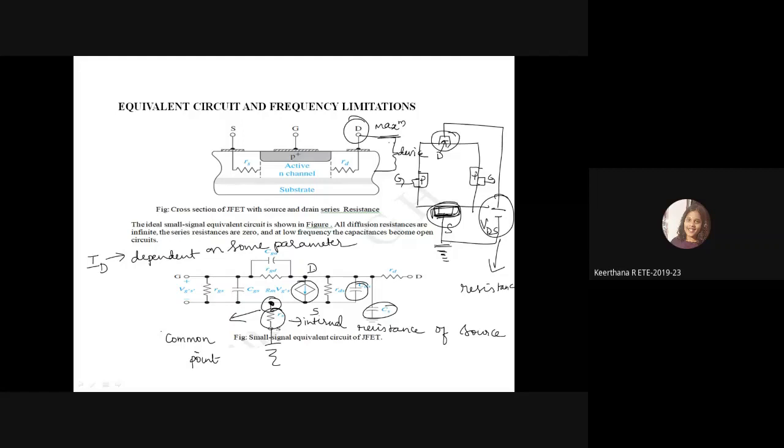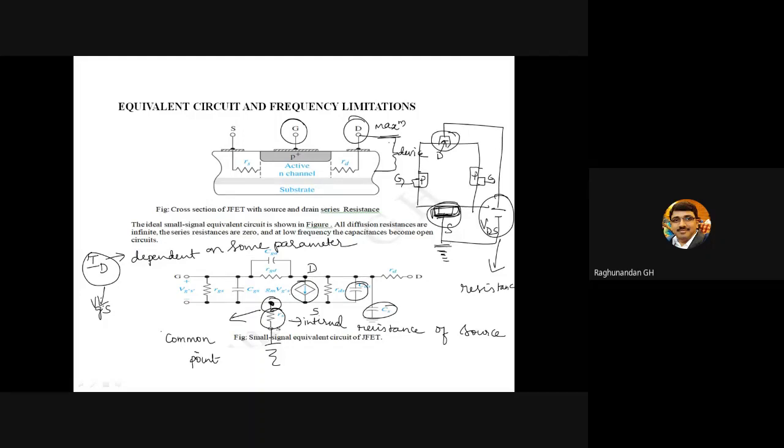Voltage at the gate. ID is dependent upon the gate to source voltage. Based upon the gate voltage you apply, the ID current will be increasing or decreasing. So since the drain current is dependent upon the gate to source voltage, we use a dependent current source, not an independent current source.